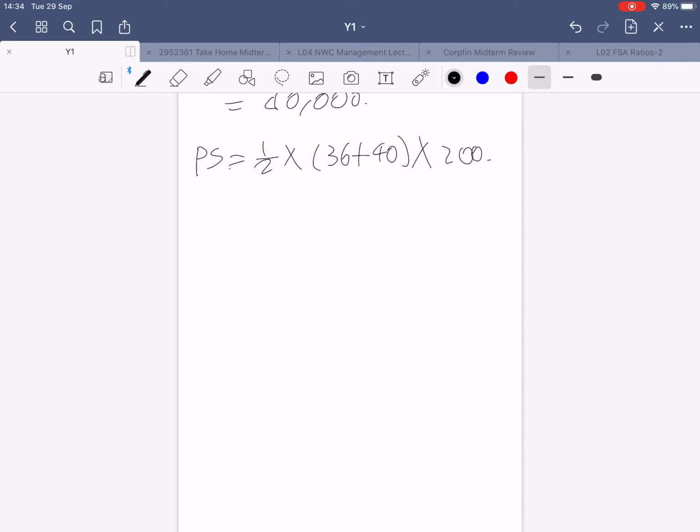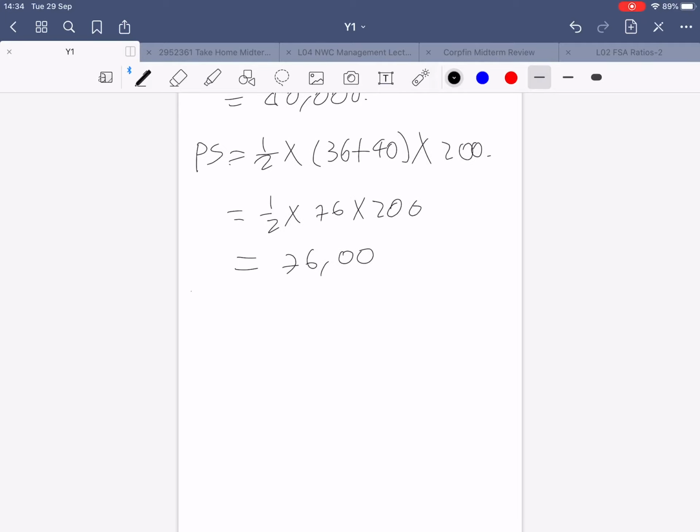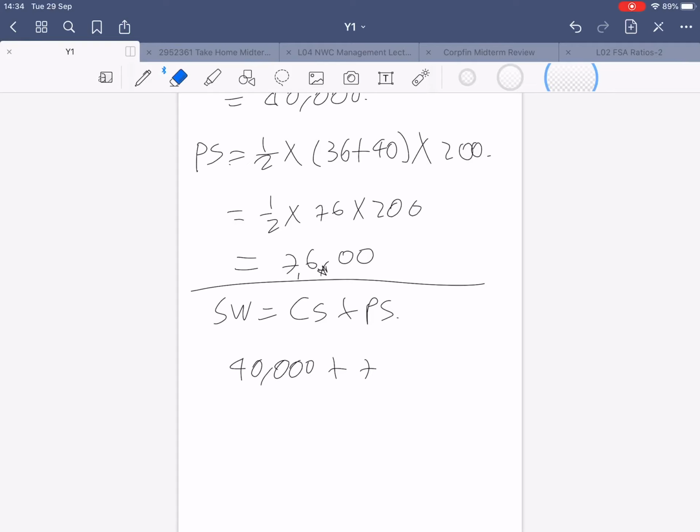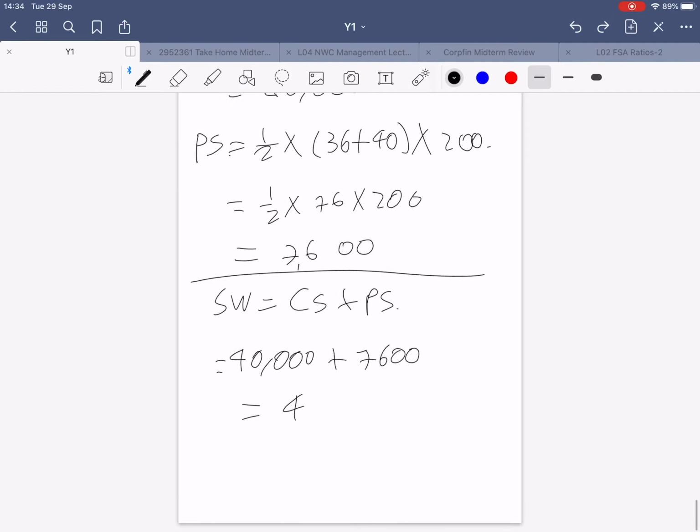So it is going to be 1/2 times 76 times 200, which is 7,600. So SW, which is CS plus PS, is going to be 40,000 plus 7,600, so it is going to be 47,600.